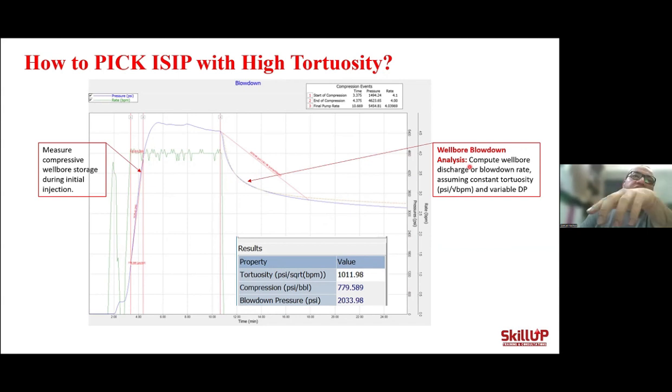So why is it important to get the ISIP? Because if you pick the ISIP wrong, the net pressure will be wrong. And if the net pressure is wrong, the frac geometry will be wrong, and the post-frac production profile will be wrong. So it's really important to get the right ISIP. And we can talk about this method more during the upcoming course for sure.